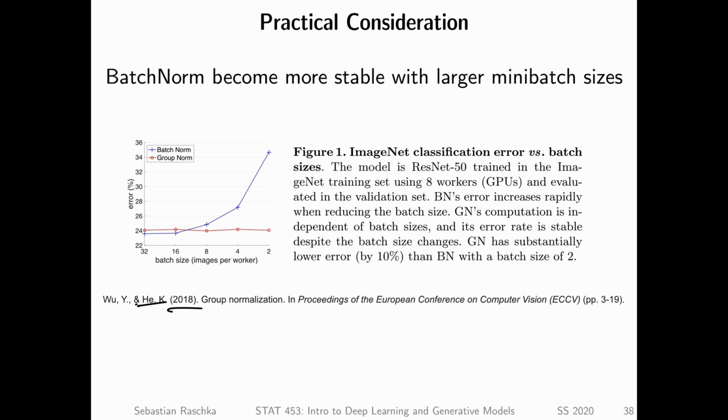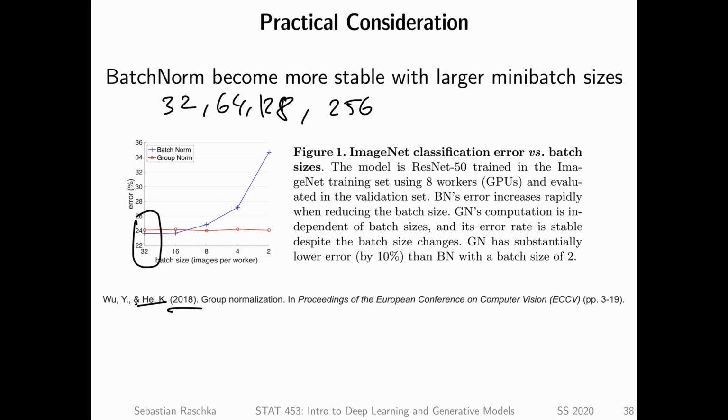So if you use batch norm, you want to have a sufficiently large mini batch size, at least 32. Here their limit was 32, but usually 32, 64, 128, 256, and so forth are good batch sizes for batch norm. You don't want to go smaller than 32, because then your performance will decline.